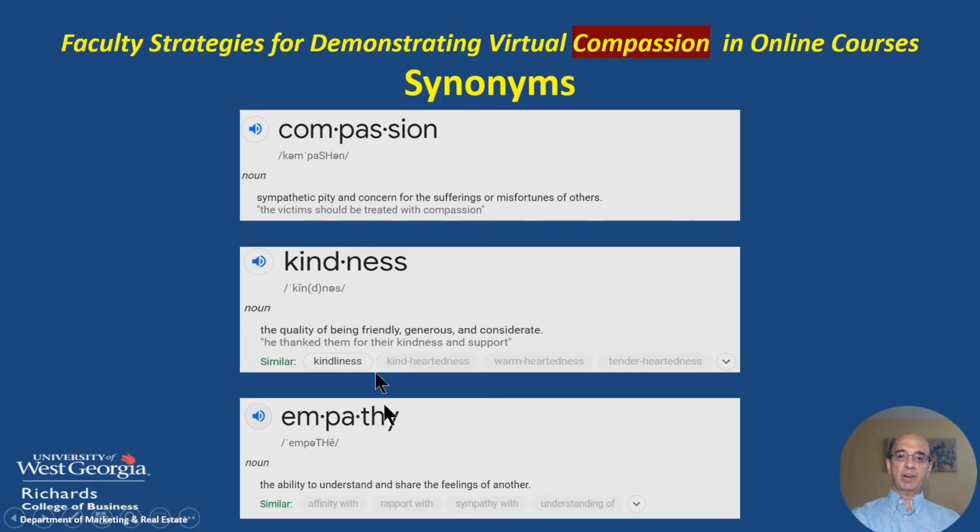And the third one related to compassion is empathy, which is being able to share the feelings of another. So by looking at these three definitions, you would agree that there is a relation between these terms. And that is why the articles that I found were using these terms interchangeably, because all of these constructs are tied together.